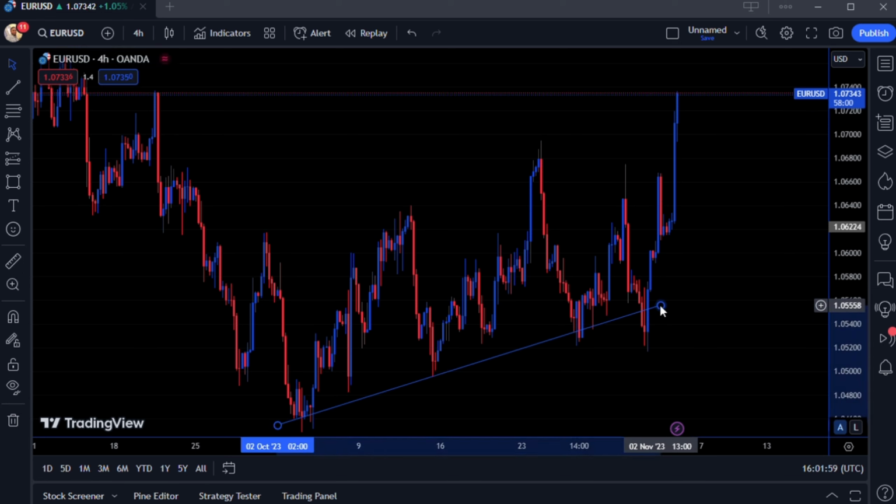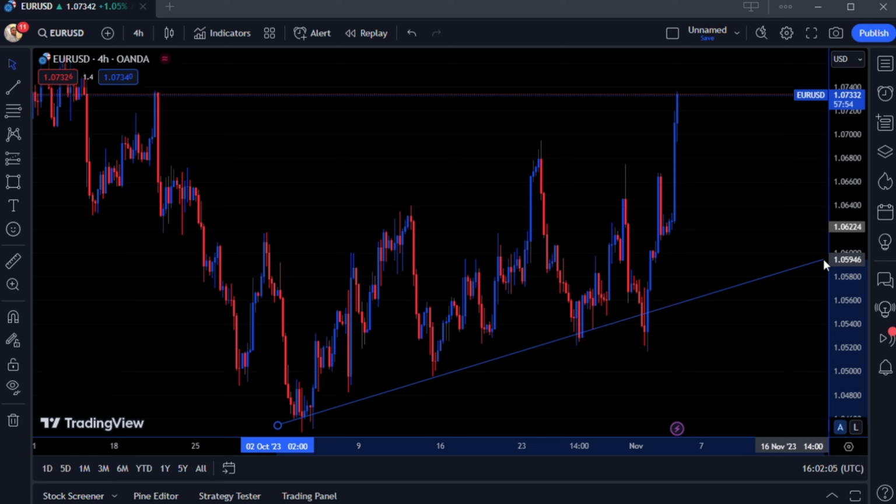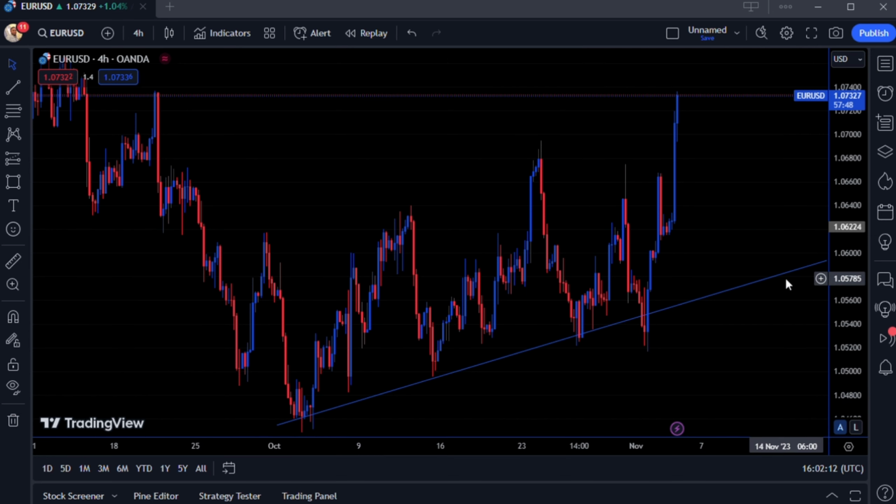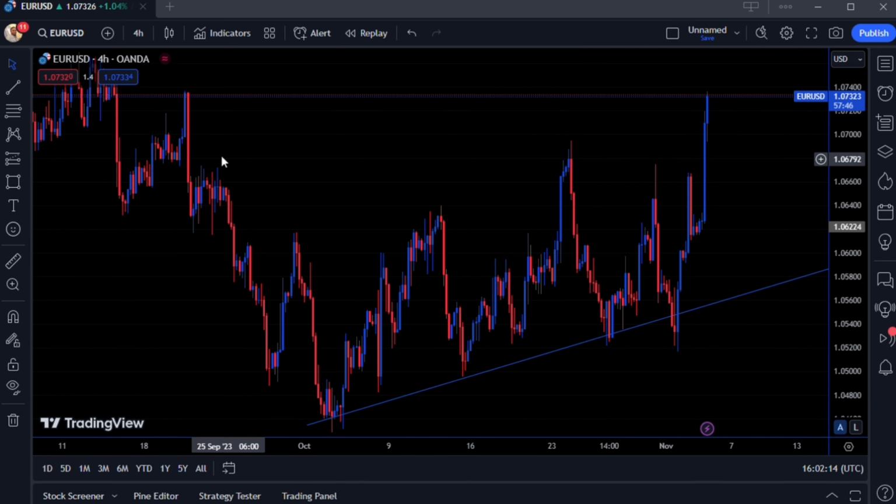Take your time and always pay close attention to the market prices. Always extend your line in order to capture future market prices. This line is better now.